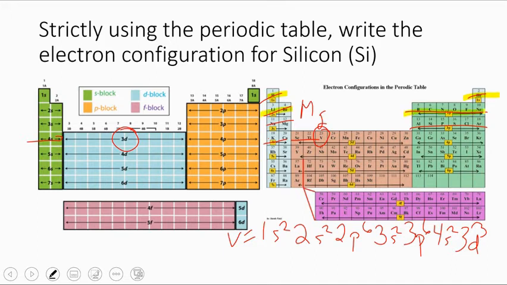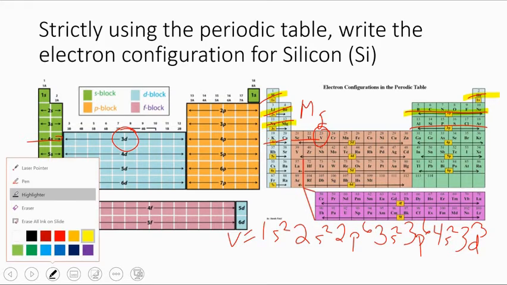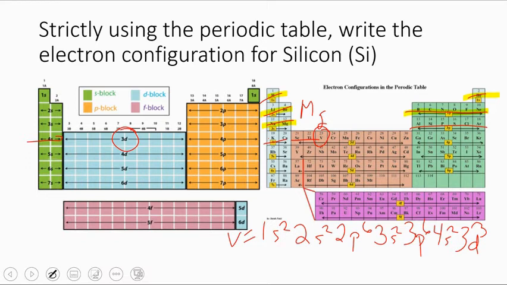For magnesium, I have 1s2, 2s2, 2p6, 3s2. And that's going to be the electron configuration for magnesium.